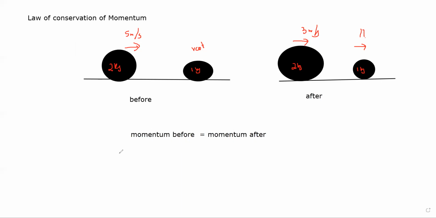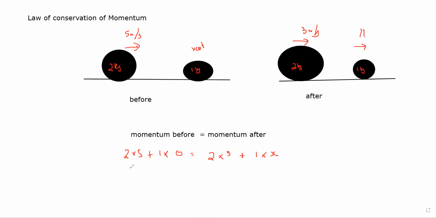So before the collision, the mass of 2 kilogram is moving with 5 meters per second, and the second one has a mass of 1 kilogram, but it is initially at rest, so 0. Then after the collision, the mass is 2 kilogram, moving with a velocity of 3, plus the mass of 1 kilogram, and we don't know its velocity, so that's unknown x.